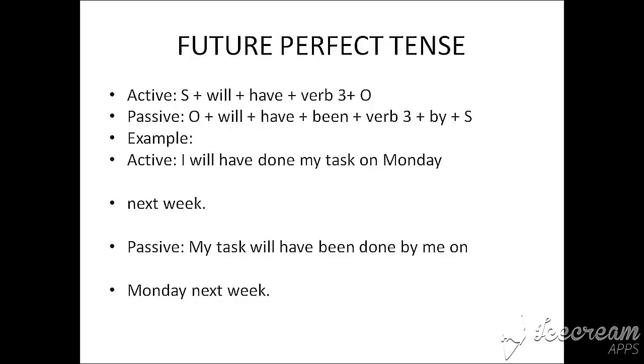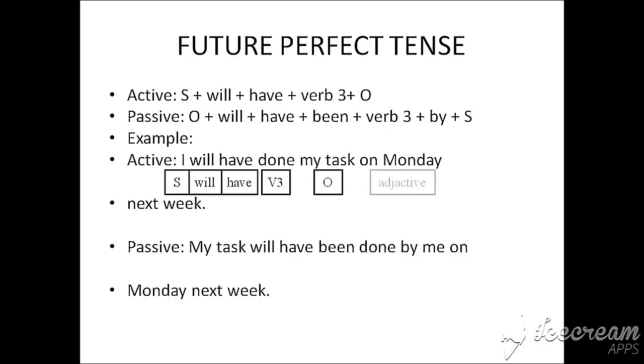This is future perfect tense, with the active and passive formula there. The example is the active sentence: I will have done my task on Monday next week. The passive is my task will have been done by me on Monday next week.